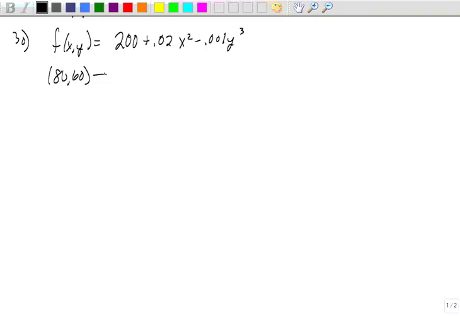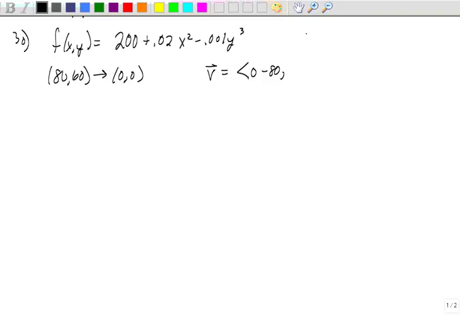Okay, 30. I have this function, and I want to go from (80, 60) to (0, 0). So the vector that represents that is (0, 0) minus (80, 60).